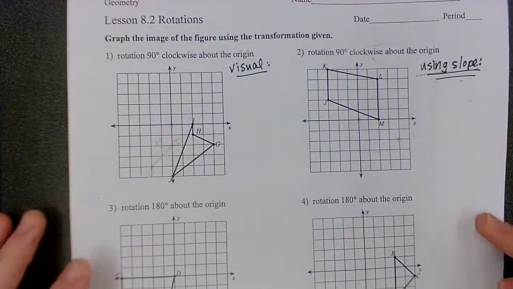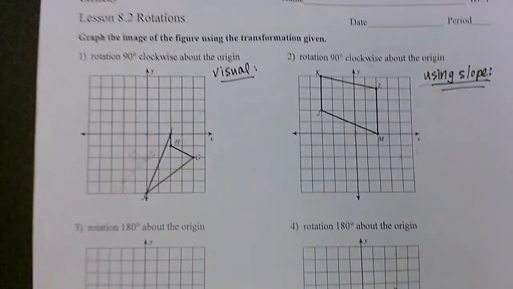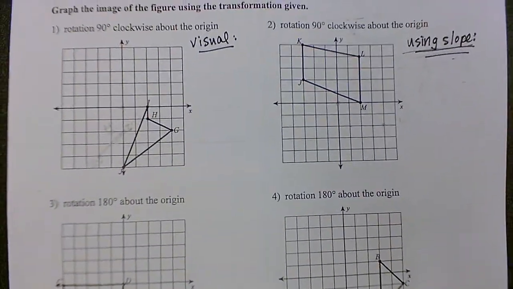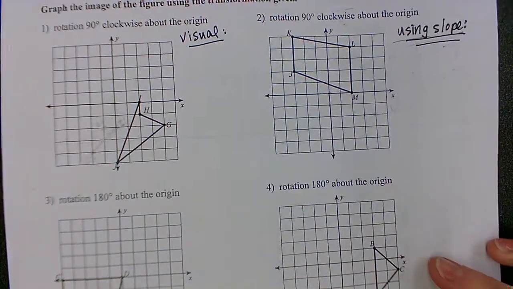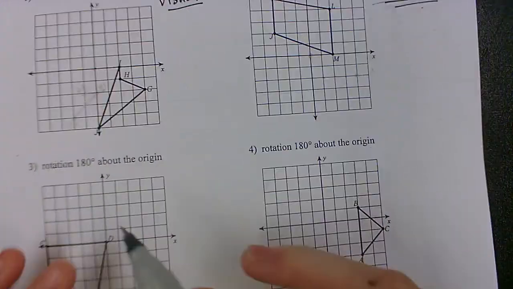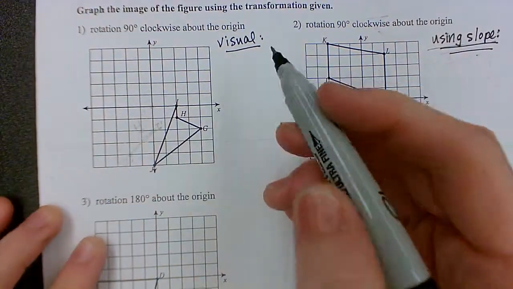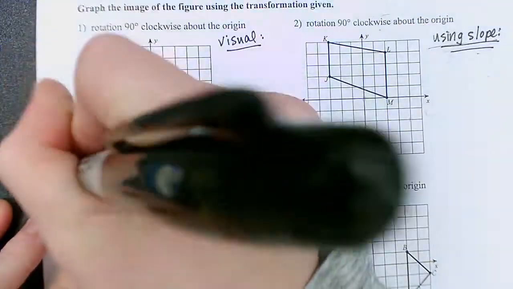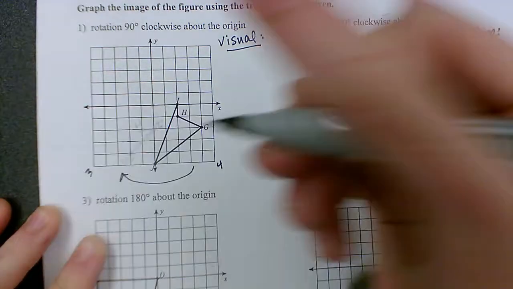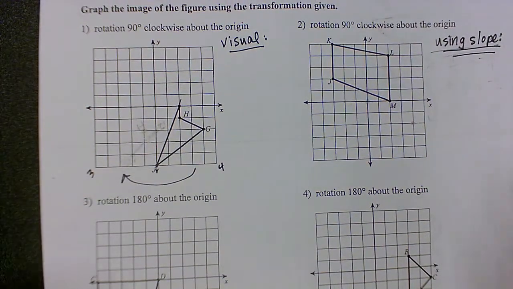Not really a method, just kind of a way that you can do it just by counting spaces. And I've kind of already started here, so sorry about that. So we're rotating 90 degrees clockwise, so we should be going from quarter 4 to quarter 3. We should be rotating clockwise that way. Always good to go ahead and think about that before we start.